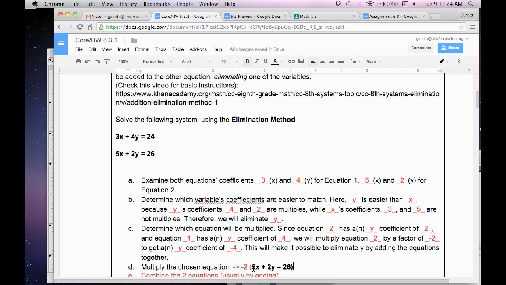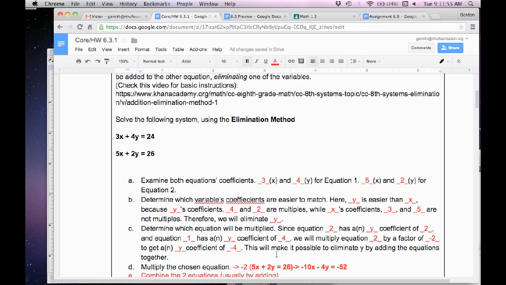So now what that gets me is -2 times 5x, which is -10x, then -2 times plus 2y, which is -4y, is equal to -2 times 26, which is -52.